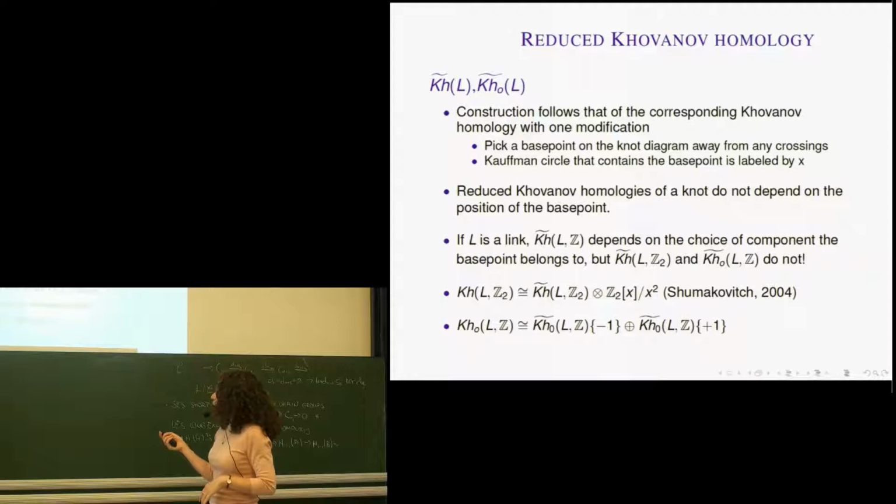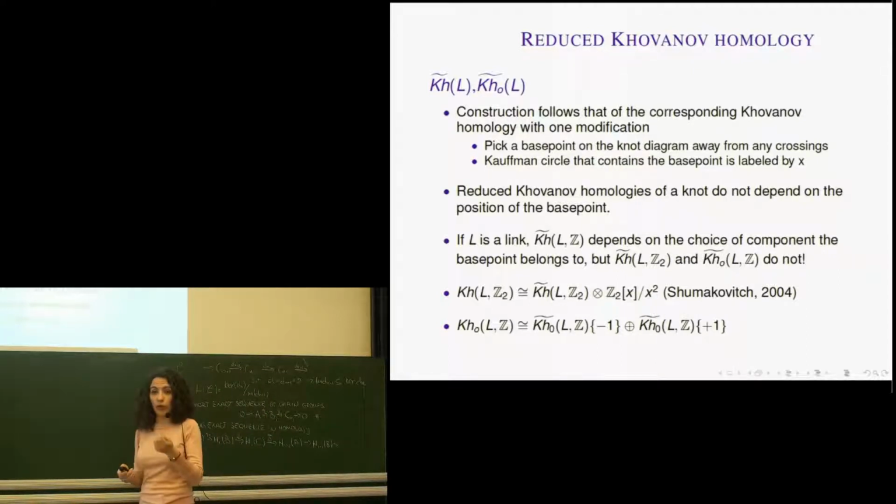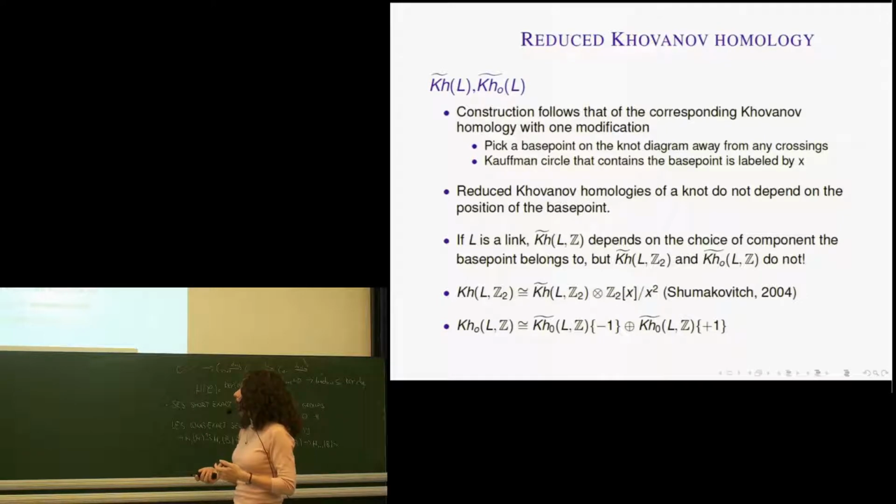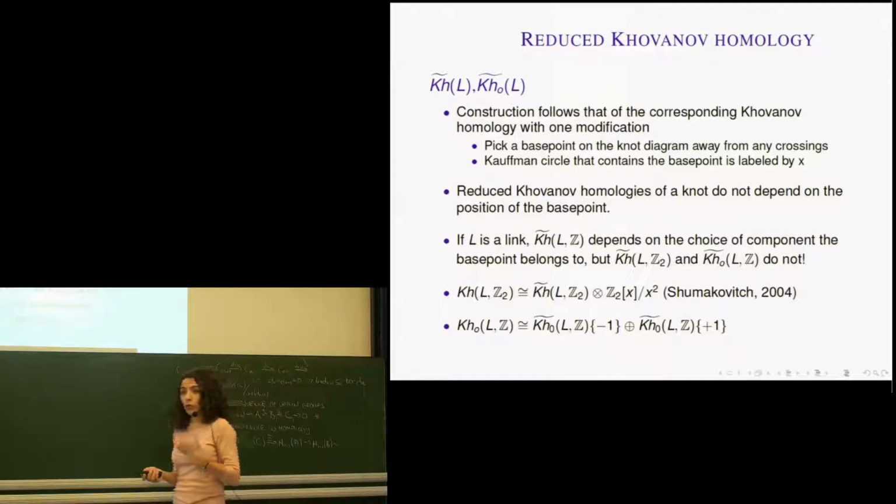And of course then you need to prove that this reduced Khovanov homology does not depend on the choice you made, and that can be done. So you do get a link invariant that's independent of the choice of base point. However, that's only true if you have a knot. If you have a link, this invariant will be different depending on which component of the link you choose.